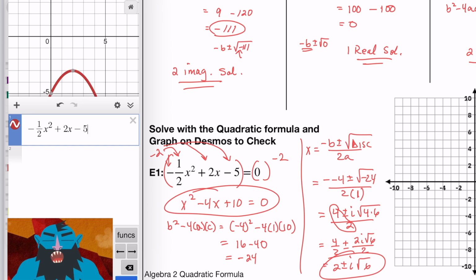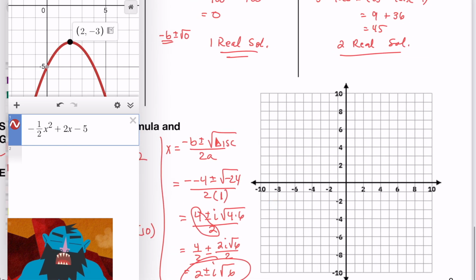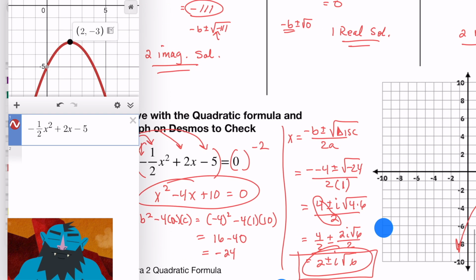Look at that. That thing doesn't even cross the x-axis, right? It's got a vertex of 2, negative 3 right there. There's its axis of symmetry. It's kind of a wide parabola, but the point is, everybody, it does not cross the x-axis, and that's why we have these imaginary solutions.